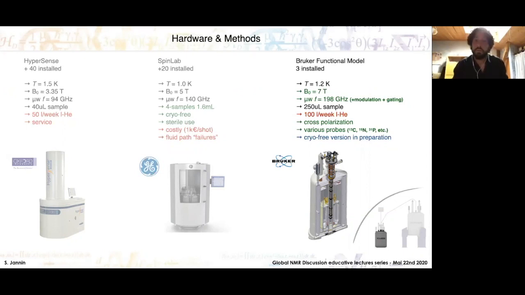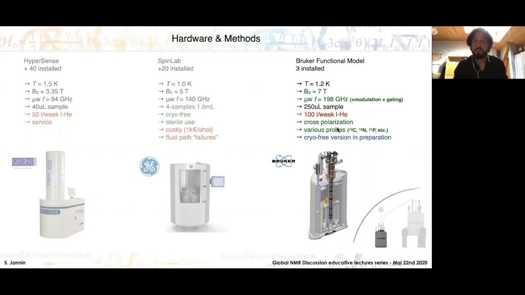It works at 1.2 Kelvin, 7 Tesla, which is, I think, the highest field. So the frequency is 198 gigahertz. It has some features such as modulation of frequency, microwave gating. The sample is not really big. It's 250 microliters, so it really aims at NMR applications and preclinical, but not clinical applications.